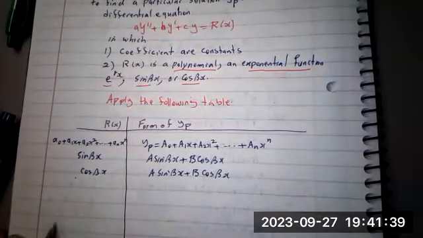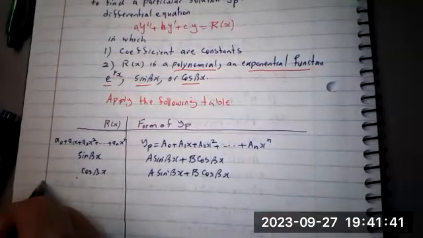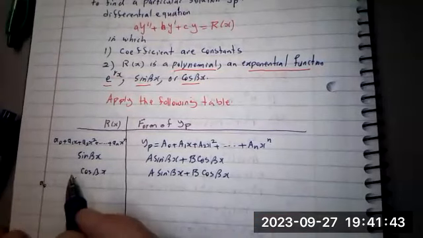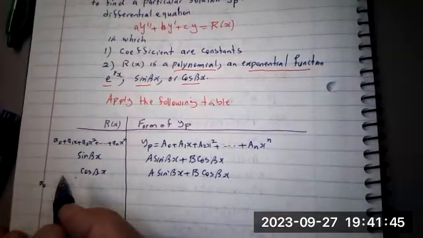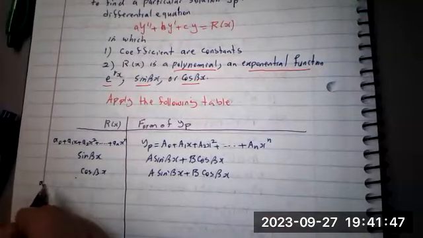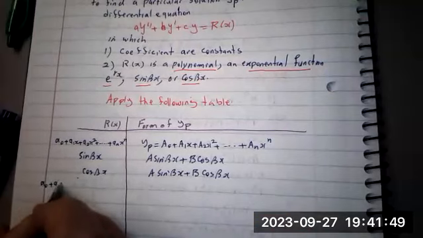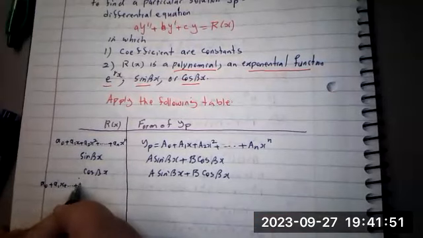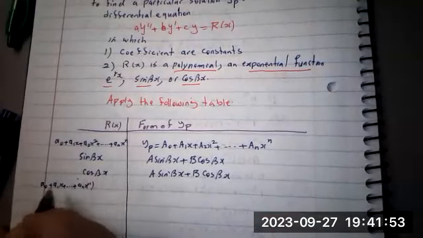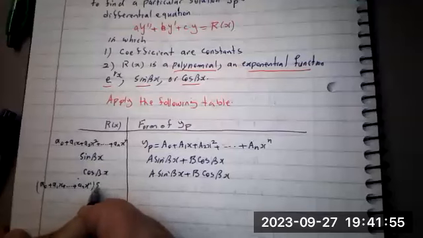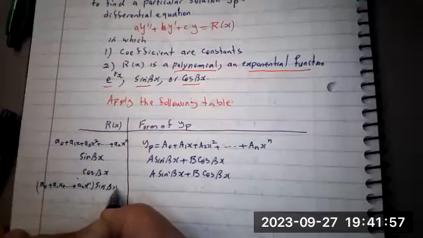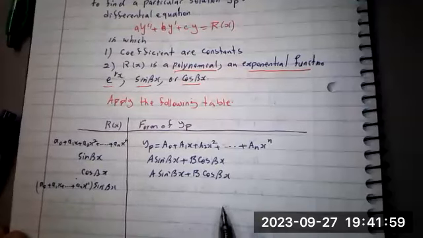If you have a polynomial, you see, if you have x cosine x, x squared cosine, if you have a polynomial to the n times sine of the beta x, it will be a very, very large one.